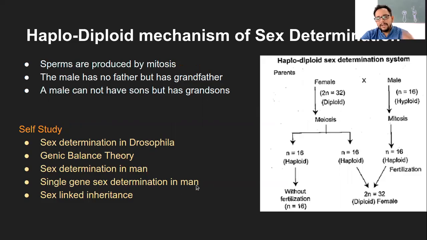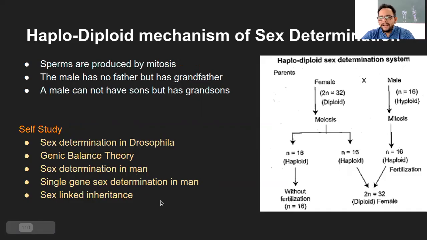Single gene sex determination in man, that is X or Y chromosome sex determination. Again, it refers to sex determination, but there are a few separate points: how a single gene determines the sex, and sex linked inheritance. With respect to Drosophila, we have seen enough examples.